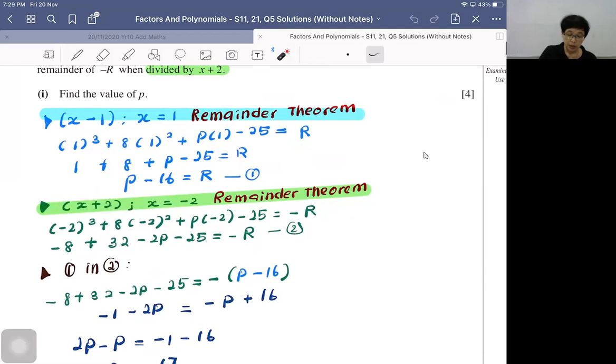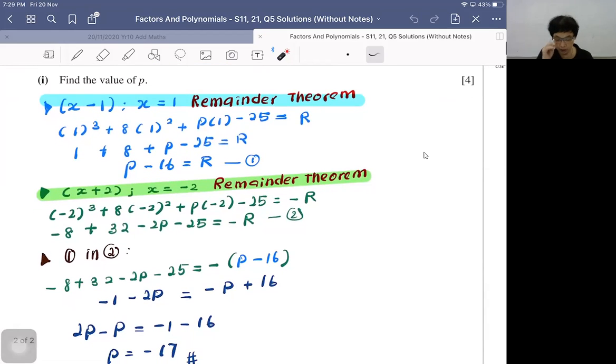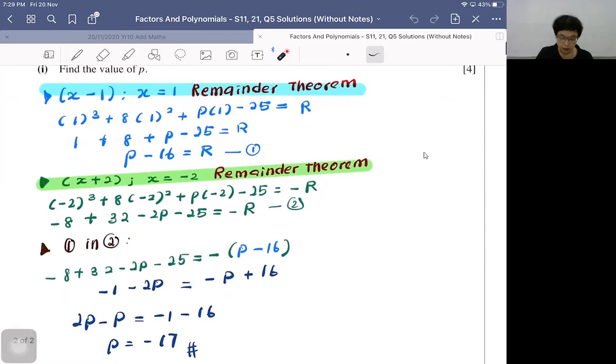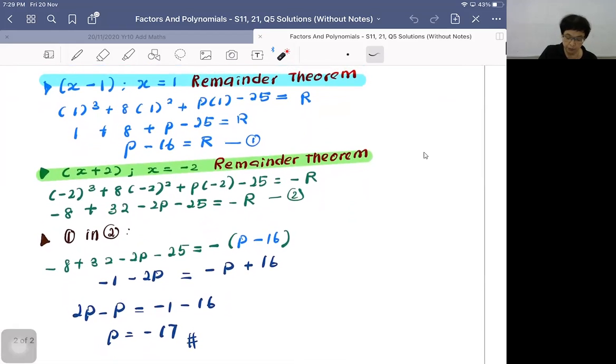Now, after the substitution is done, you just expand that, simplify and gather the like terms. Now you have the simplified version: 1 plus 8 plus p minus 25 equals r.